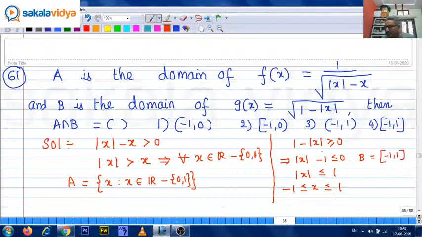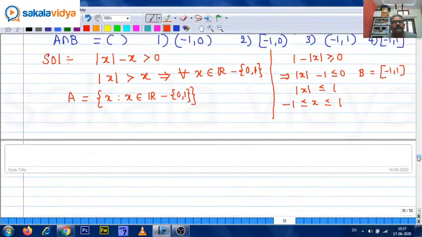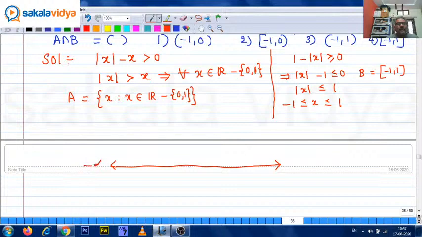Now we need to find out A intersection B. Take the number line. This is minus infinity, this is positive infinity, 0, and minus 1 and 1.